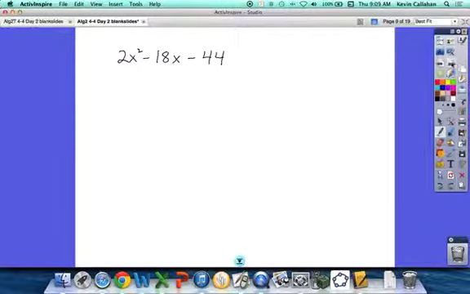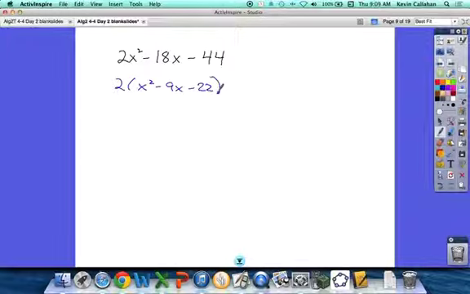But when you notice that each one is divisible by 2, then factor out the 2, the greatest common factor: x squared minus 9x minus 22. Okay, now what's in the parentheses is a simple quadratic. Can you think of factors of negative 22 that add up to negative 9?